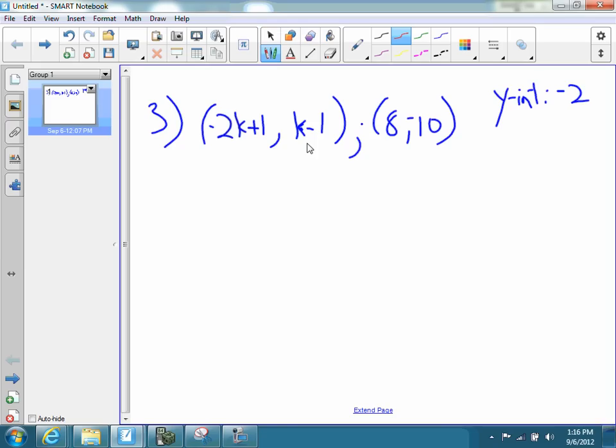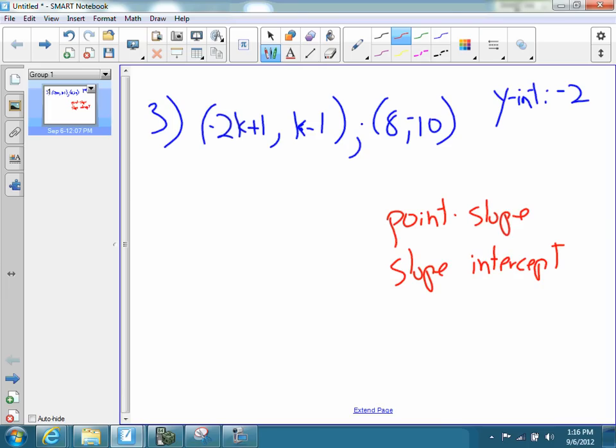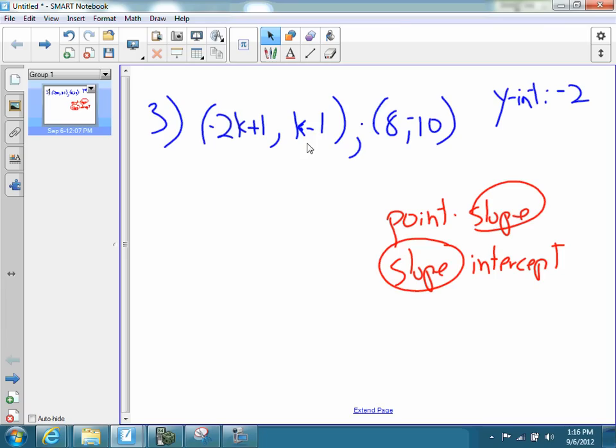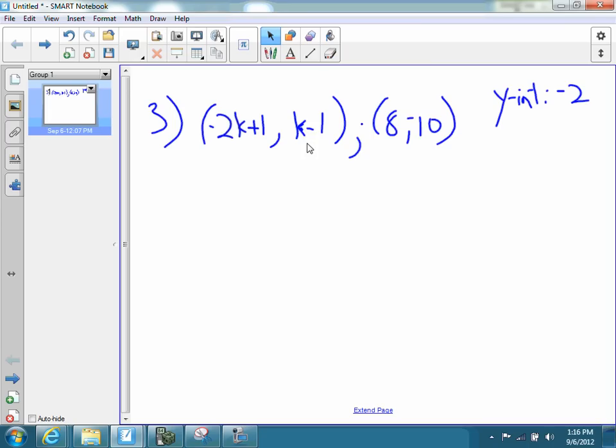I will write it down: point-slope form and slope-intercept form. What do those two terms have in common? Slope. I gotta have the slope. Before I can do anything here, I have to find the slope.